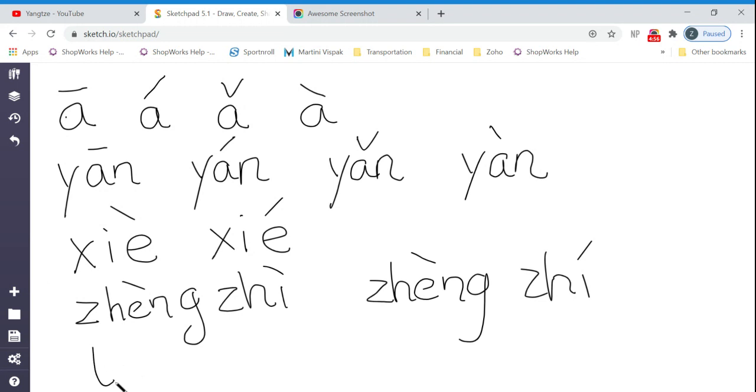Another example. This one, they're all the first tone. It looks a little, I didn't write very well, but they're all the first tone. So, 通知 means a notice, like to inform someone of something.